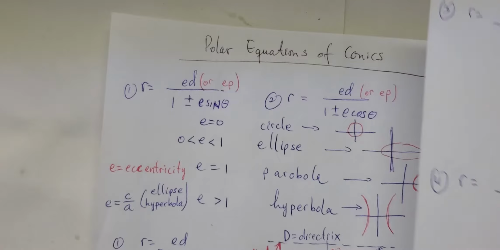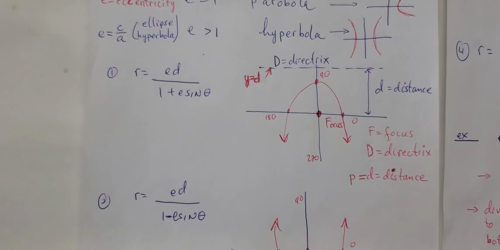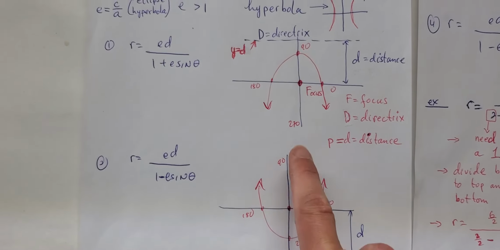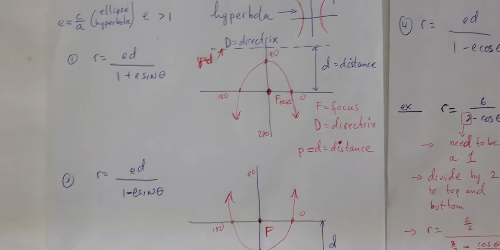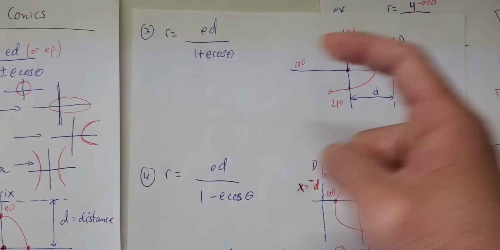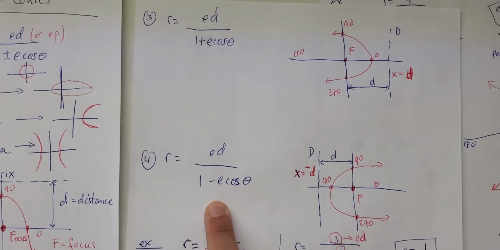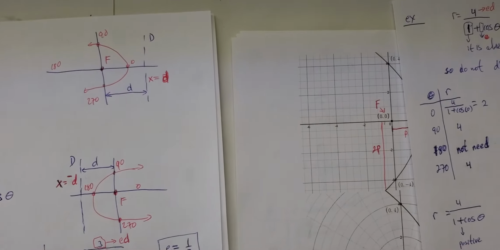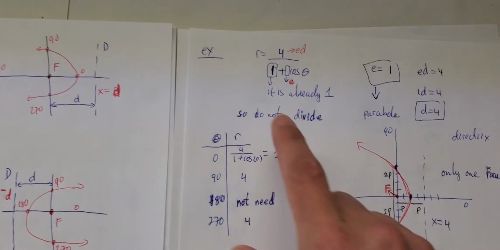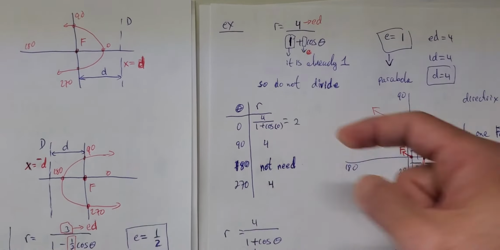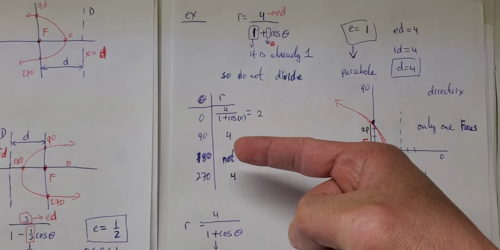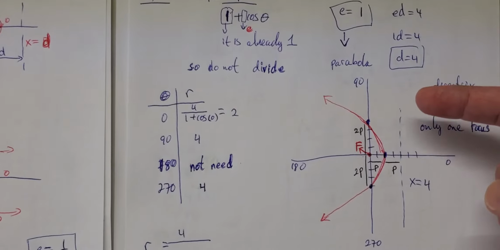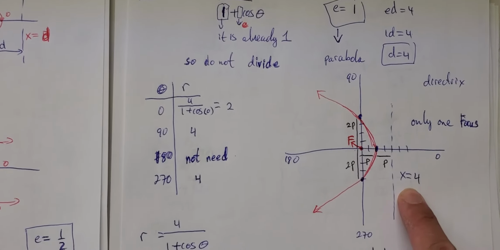If you remember this page, plus sine, face down, minus sine, face up. Plus cos to the left, minus cos, face right. So since in our example it is plus cos, it faces left. Therefore my directrix has to be on the right side, and since my directrix is on the right side, then it has to be plus.